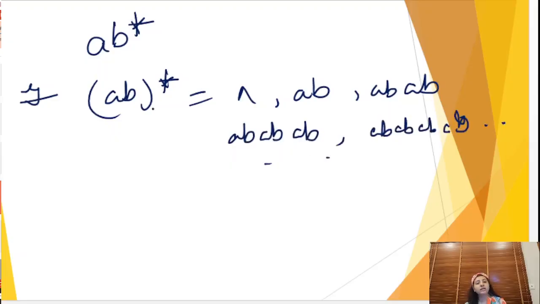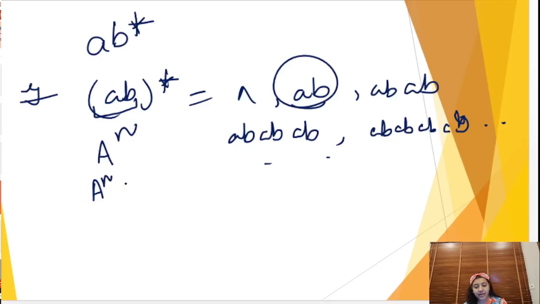This is what the Kleene closure represents, right? Union of the strings where the length keeps on increasing by 1. If I consider this entire string AB as A, then A raised to the power n, where n can be from 0 to any length. So this is what this regular expression is representing, right?